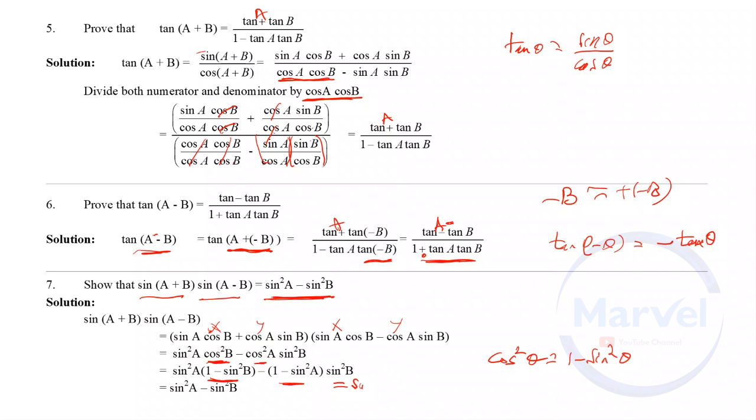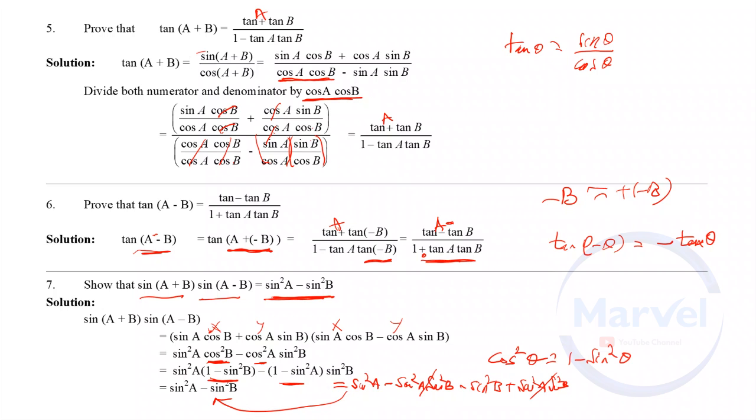Sine square a minus sine square a sine square b minus sine square b plus sine square a sine square b. These two get cancelled, and hence the final step is sine square a minus sine square b.